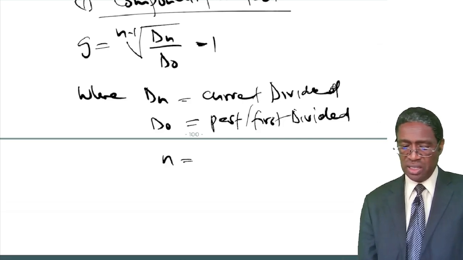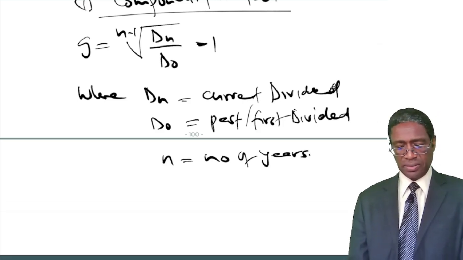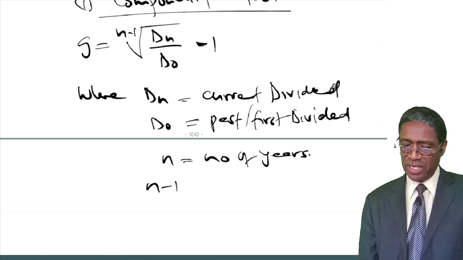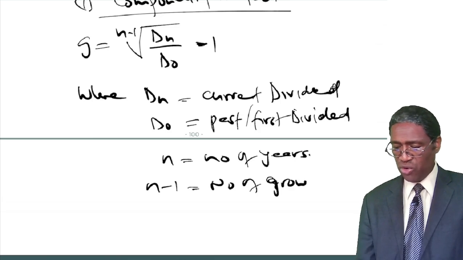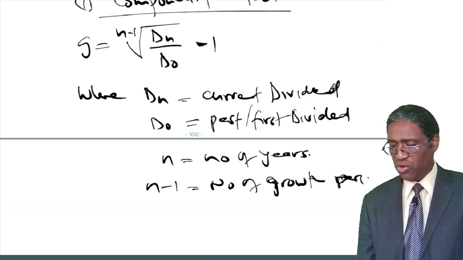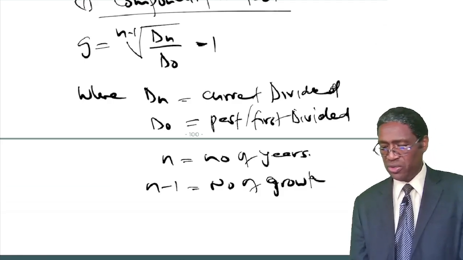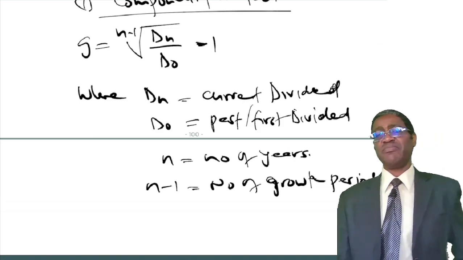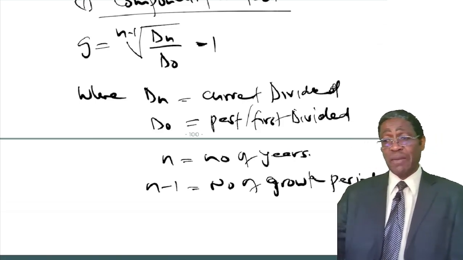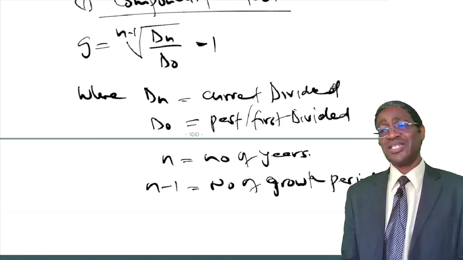Okay, n is the number of years, and n minus 1 is the number of growth periods. Good. That is n minus 1, so that you get the number of growth periods. Okay, that is formula 1 if you are not given the growth rate.